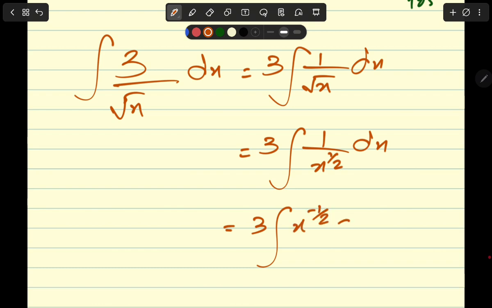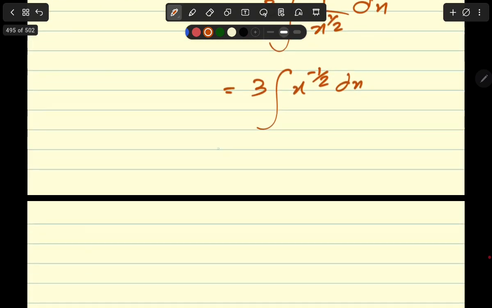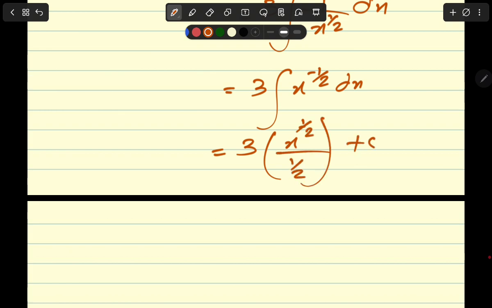So this is x to the power of minus half dx, and now you can do exactly what we do. So this is going to become 3 times x to the power of minus half plus 1 is positive half, divided by positive half, and then plus c, right? So 3 divided by half is 6. So 6x^half, which is 6 root x plus c, and that's it. Okay. Now, whenever you see roots, fractions, or powers, rewrite everything first. Your life becomes much easier.